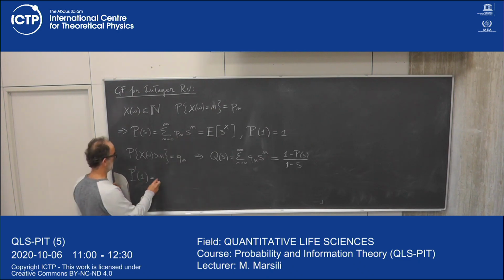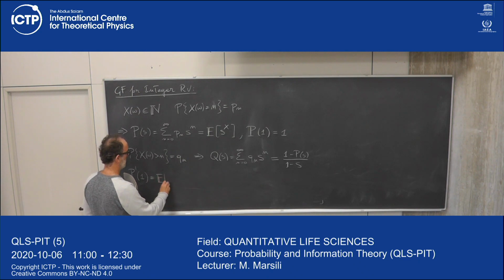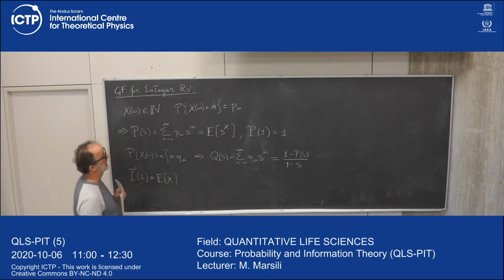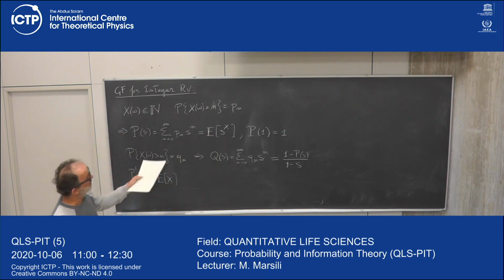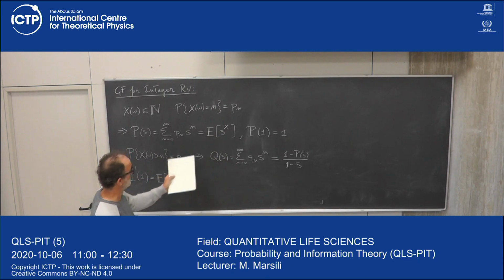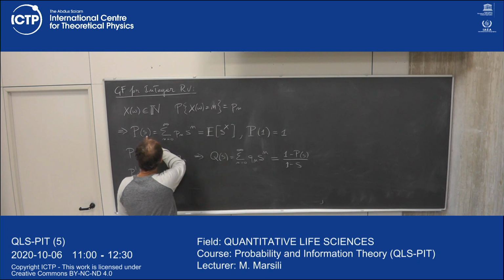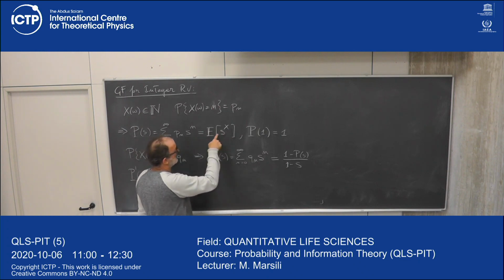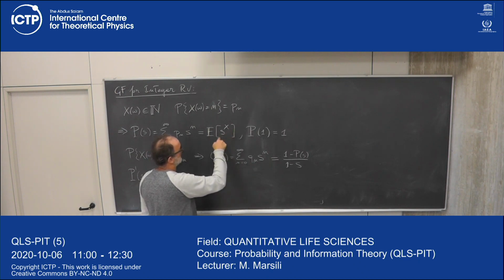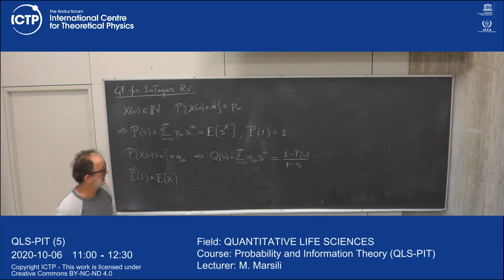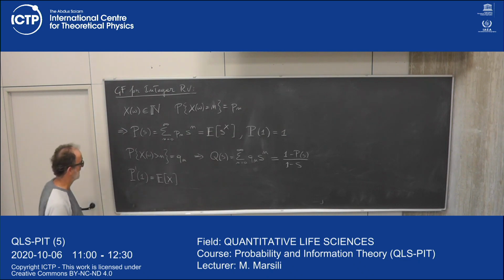So this is just the expected value of X. You also get it from this expression here, because when you take the derivative with respect to s, X comes down, and you get the expected value of X times s to the X minus 1. When you take s equal to 1, then s to the X minus 1 is equal to 1, and you get just the expected value of X.